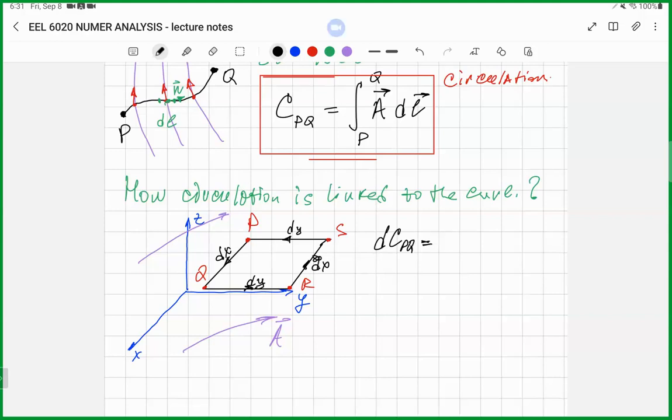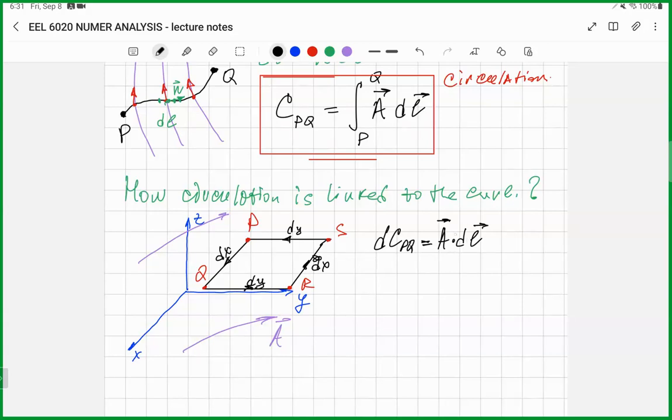it's equal to the product of the field times dl, right? So the dl vector. Now this dl is directed in the positive direction of axis x, and by value it's equal to dx, okay?